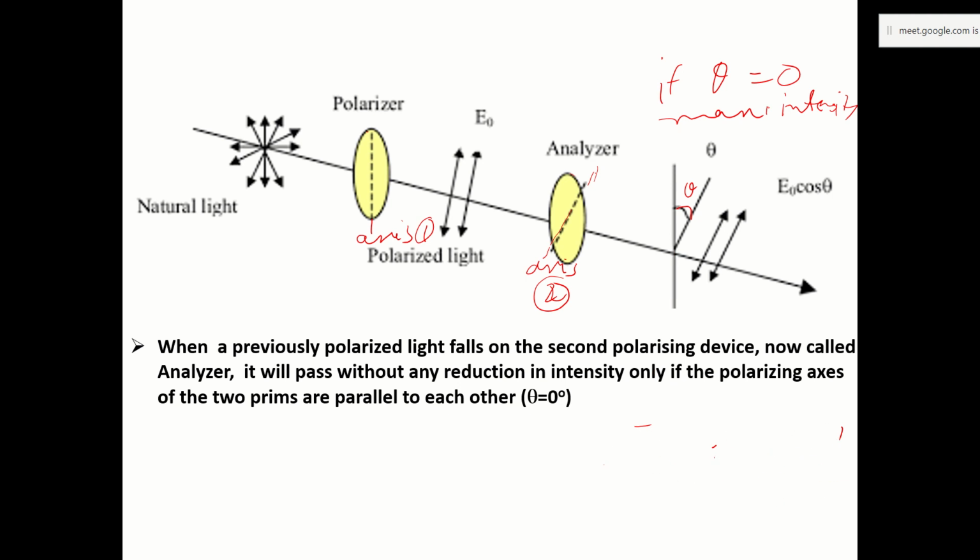So theta is the angle between the axis of polarizer and analyzer. If both are parallel and the light has been plane polarized, then you will get maximum intensity when both are parallel. Theta is 0. At any other given angle, the intensity will reduce, and that will be given as E naught cos theta.